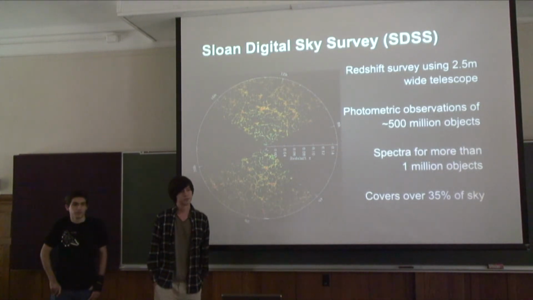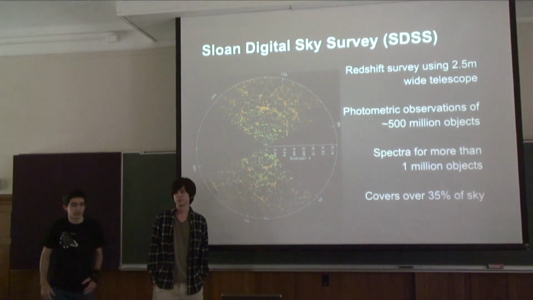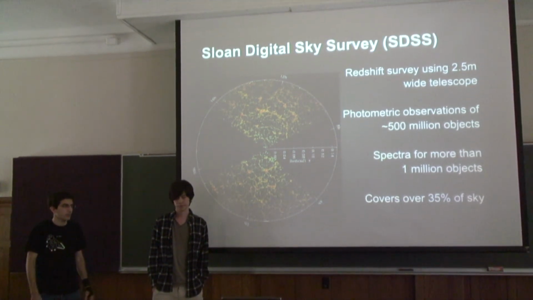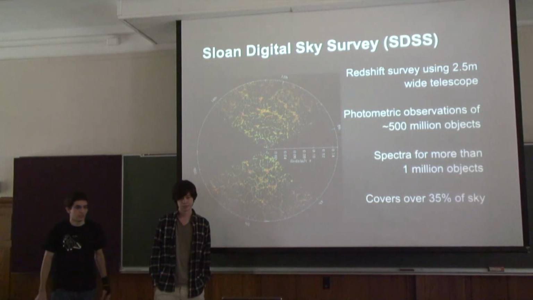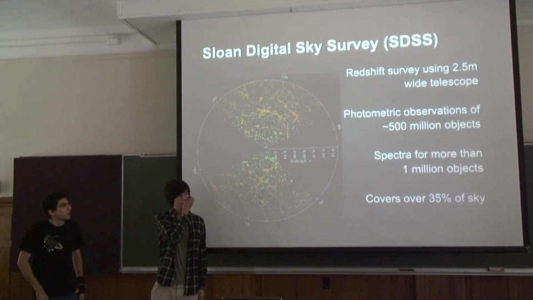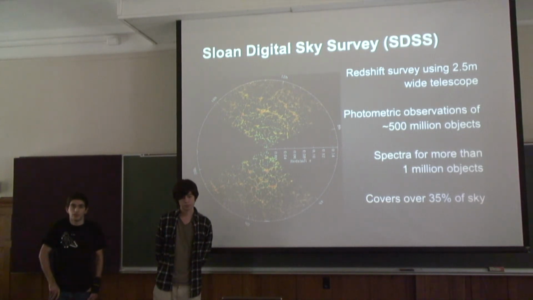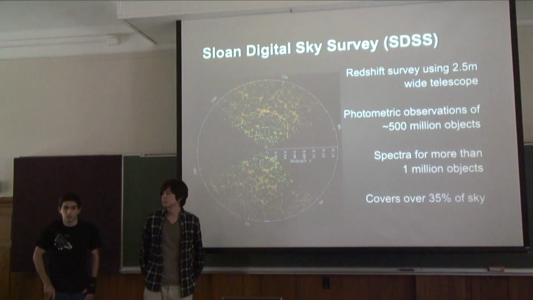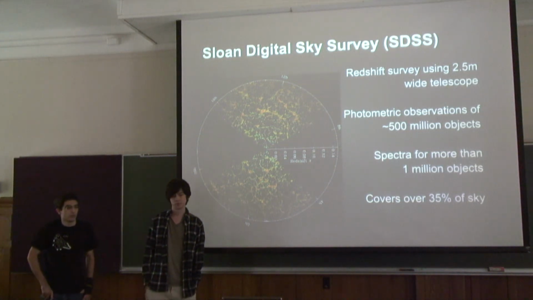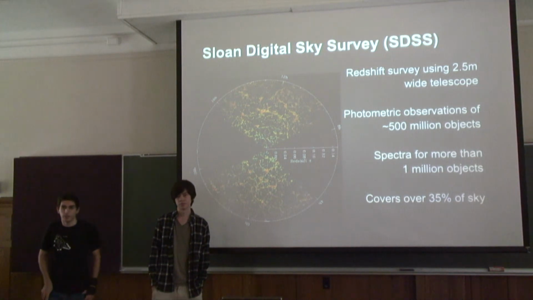So we gathered data from the Sloan Digital Sky Survey. This was a big deal a couple of years ago, and it just cataloged a very large portion of the sky. We used the data as input for the separation code, so that we made a better model of the Milky Way galaxy.